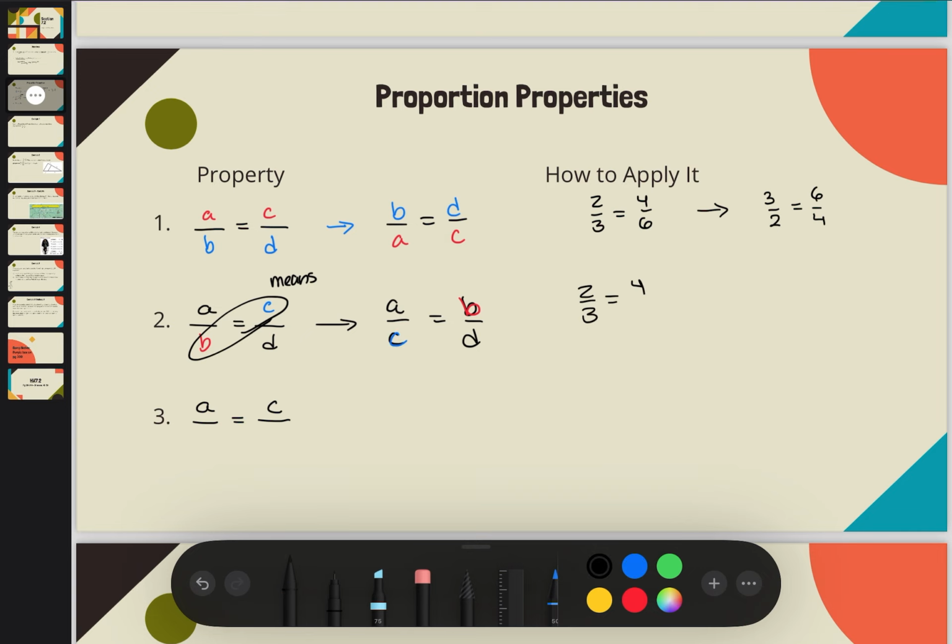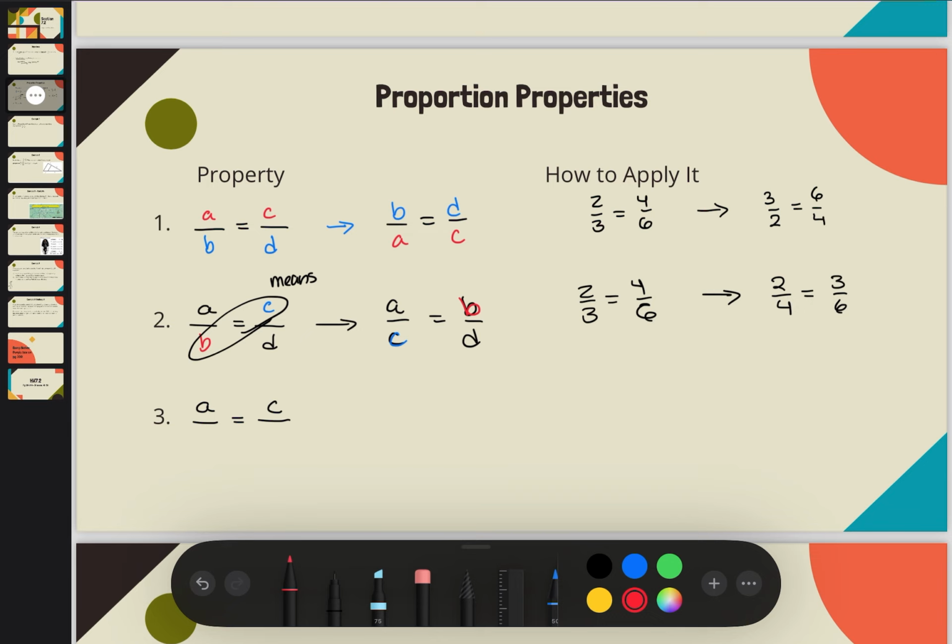I'm again going to start with 2 over 3 equals 4 over 6. If I apply this property, then I'm going to flip-flop the 4 and the 3. So I'm going to get 2 over 4 equals 3 over 6, another true statement, right? So again, I know that 2 over 3 is not equal to 2 over 4. That's not what I'm saying here. I'm just saying if you use this property, you will end up getting something true, another true statement here.